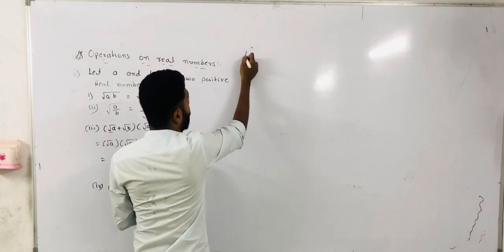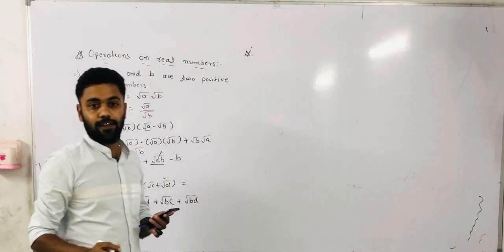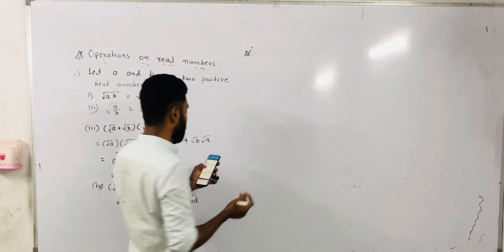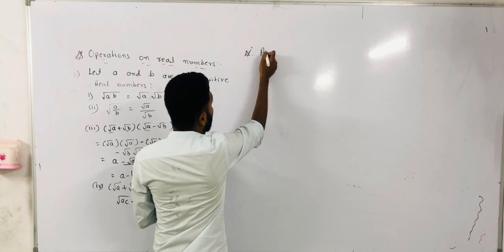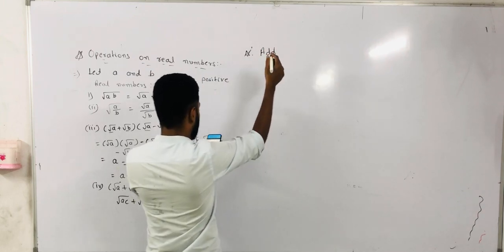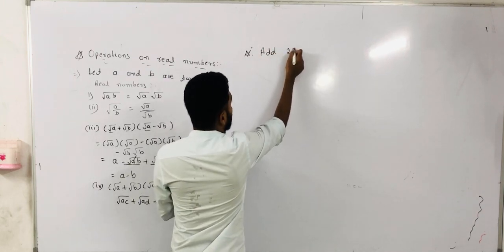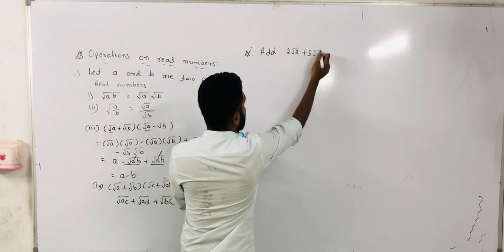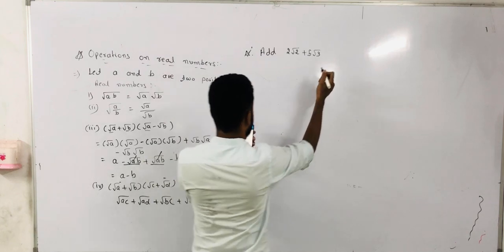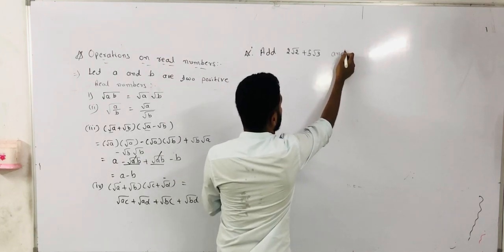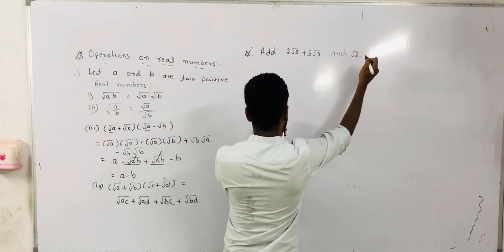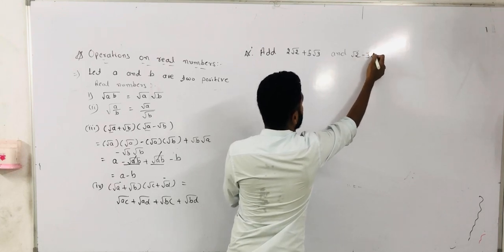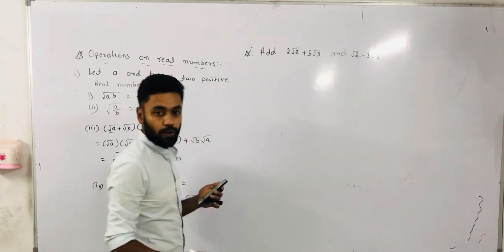Now, if we want to add any irrational number or multiply or subtract, so let's say add 2 root 2 plus 5 root 3 and root 2 minus 3 root 3.